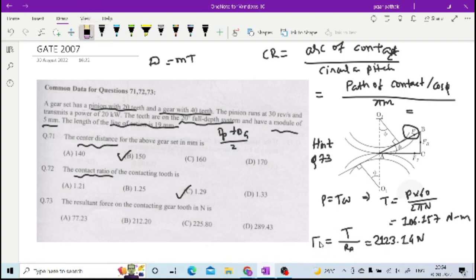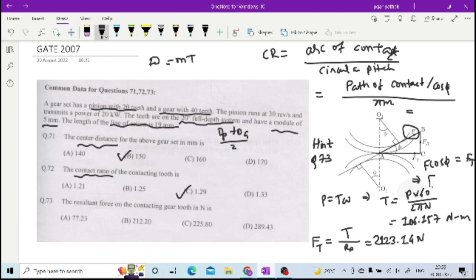Once you have that Ft with you, you can easily calculate this F, because this F cos phi is actually the value of this Ft, which you have already calculated.